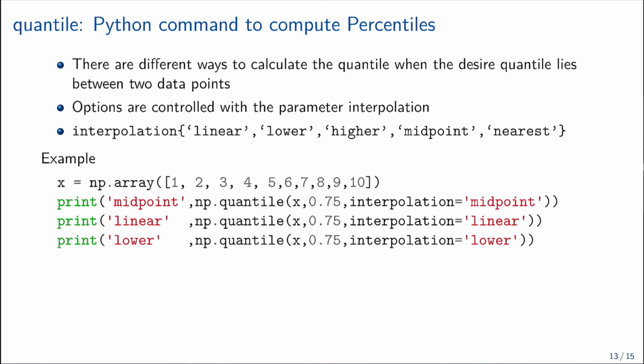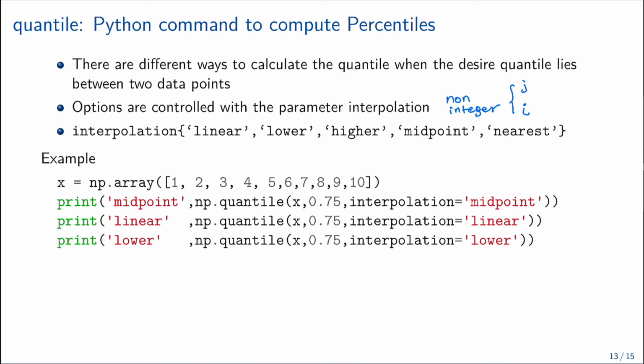Okay, so what we have said so far is that when we have a non-integer position, then we end up with two positions, the i and the j position, the low and the high position.